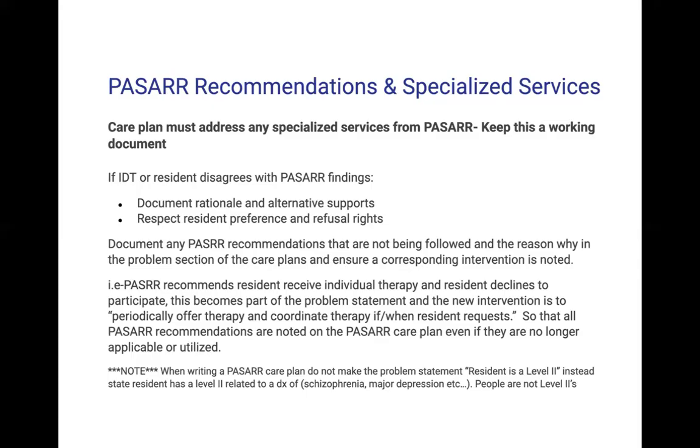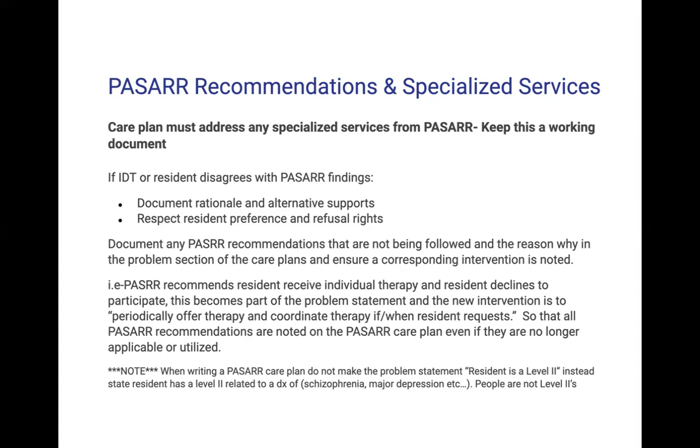PASSAR level 2 indicates that she should receive individual therapy. She no longer wants to participate. So that's in the problem section now. Your new intervention then becomes to periodically reoffer mental health services or coordinate mental health services as the resident requests at that point. That way it is a working document and everything PASSAR related stays on that PASSAR care plan, whether you're doing it or not.